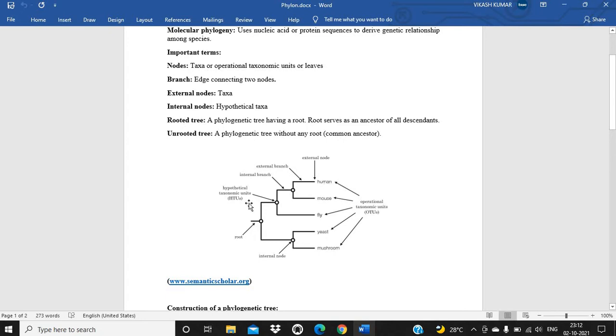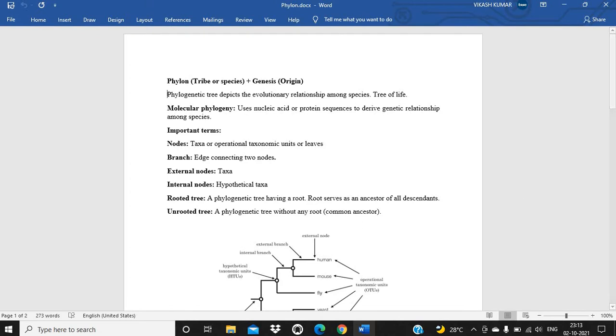A rooted tree is basically a phylogenetic tree having a root, and the root serves as an ancestor of all descendants. So these are all descendants, and this one is the ancestor of all descendants. An unrooted tree is a phylogenetic tree without any root, without any common ancestor. External nodes are also called leaves.